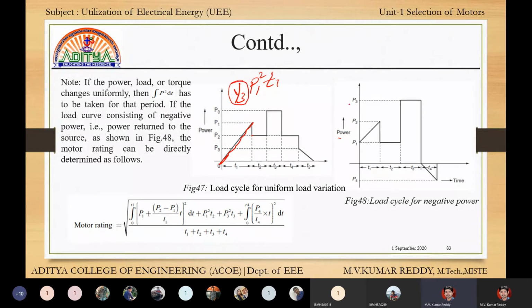If a graph is not starting from 0, then we have to put this formula: P1 is the starting power, next the ending power is P2, so P1 plus (P2 minus P1) by T1 into T. You have to put this formula.